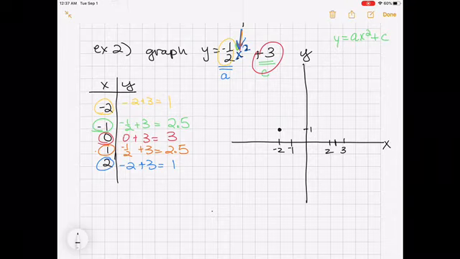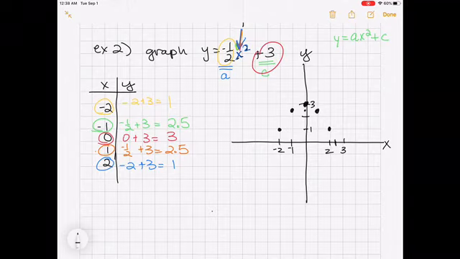Oops, this is actually on the y-axis, isn't it? And then we've got 0, 3. So here's our 3. 1, 2.5. And 2, 1. So those are our points.